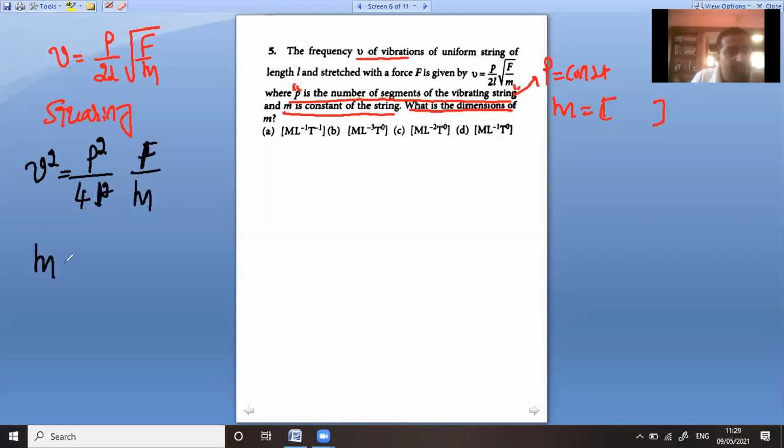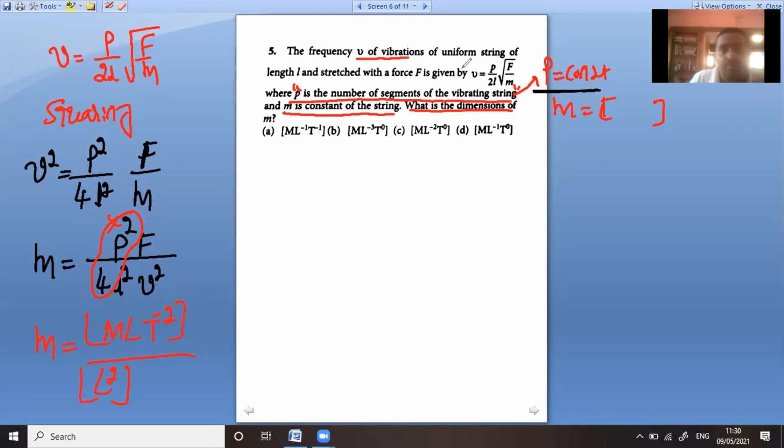The question asks for m, so m is equal to p square into F divided by 4L square nu square. Which are the constants? p is a constant, and 4 is a constant. Now remove these two parts. So m is equal to the dimensional formula of force, mass into acceleration, divided by L square.